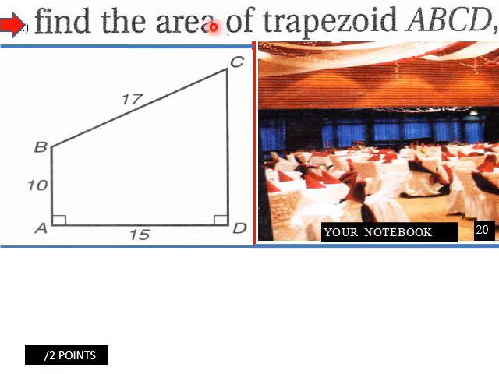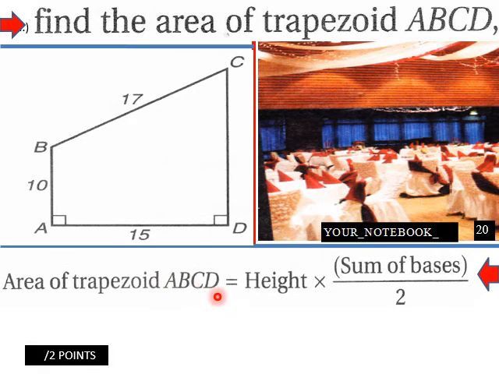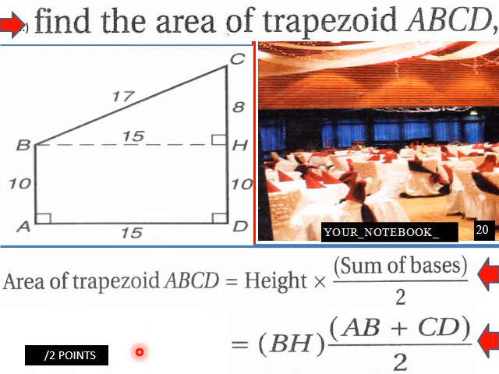And then find the area of this trapezoid here. Area of trapezoid ABCD is height times the sum of the bases over 2. So we divide this up into a rectangle. BH here is our height.